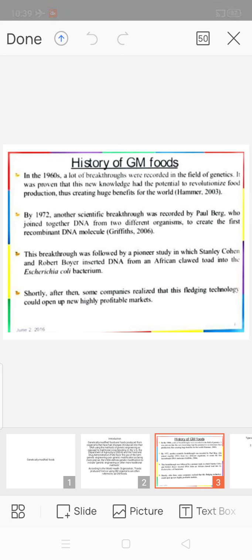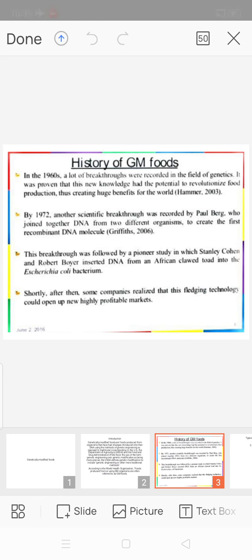Next one, history of genetically modified foods. In 1960, a lot of breakthroughs were recorded in the field of genetics. It was proven that this new knowledge had the potential to revolutionize food production, thus creating huge benefits for the world.